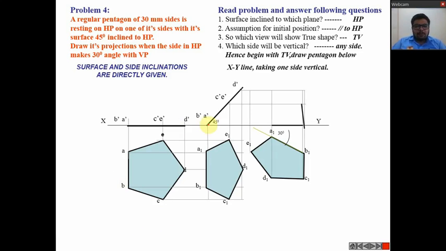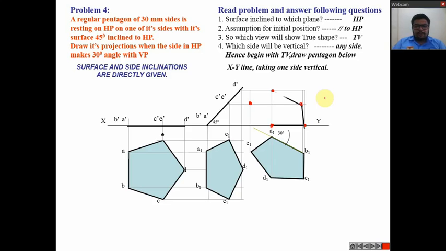So this is point A dash and this one is A1, so this will be our first point. Then B dash and B1, our second point. Then C dash and C1, the third point. D dash and D1, the fourth point, and E dash and E1, this will be our fifth point.